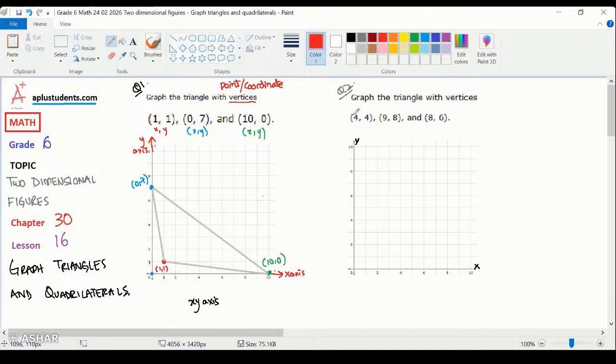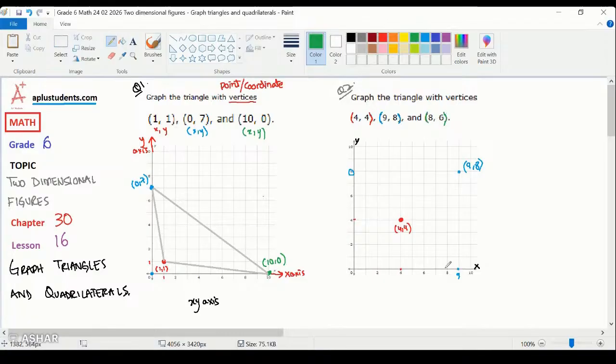The first coordinate was given as 4, 4. That means x is 4 and y is 4. The point of intersection of this would be 4, 4. The second point is 9, 8. We take 9 and we go upwards 8 units. This point is 9, 8, whereas the last one is 8, 6.